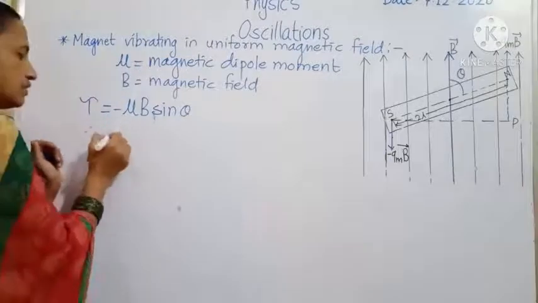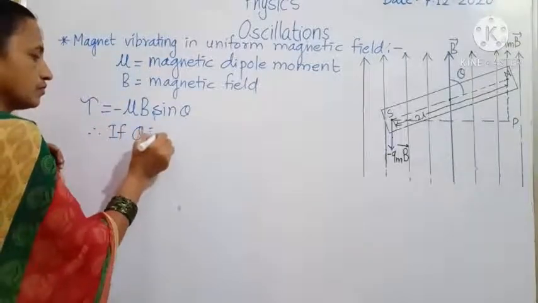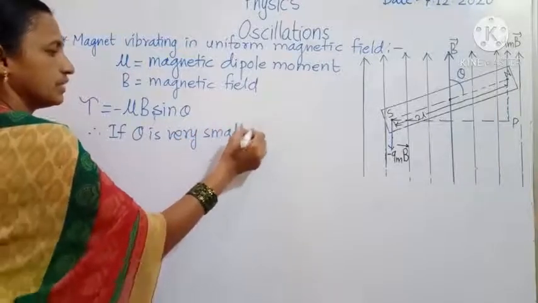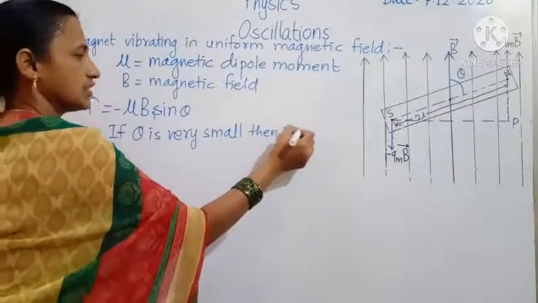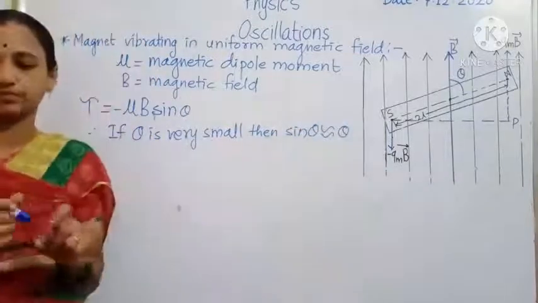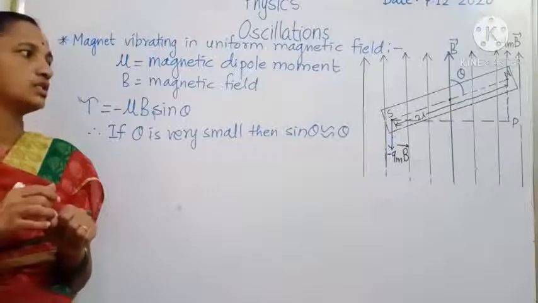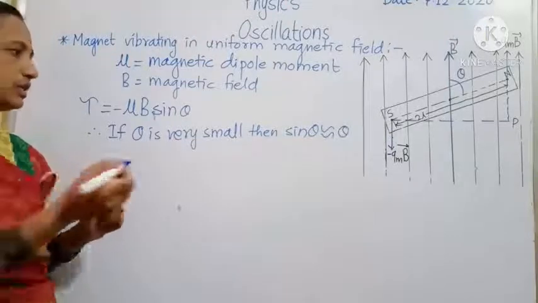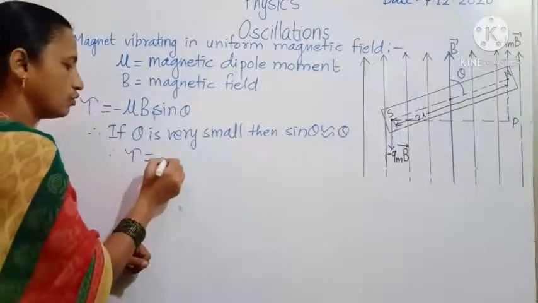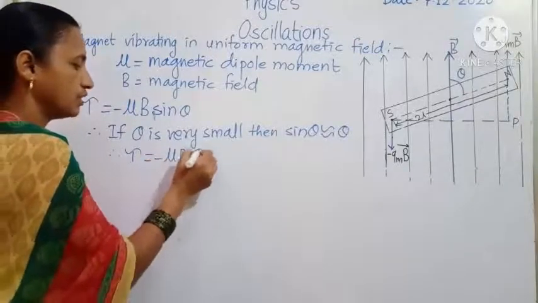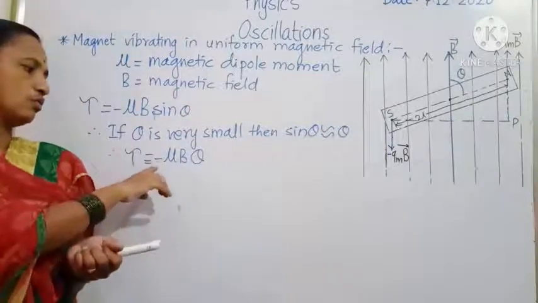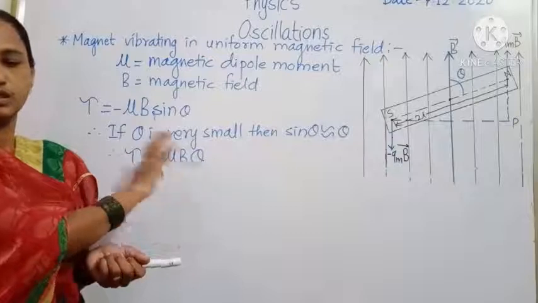If theta is very small, then sin theta is nearly equal to theta. Then this equation becomes, hence tau is equal to minus mu B theta. That is we get the equation tau is equal to minus mu B theta.